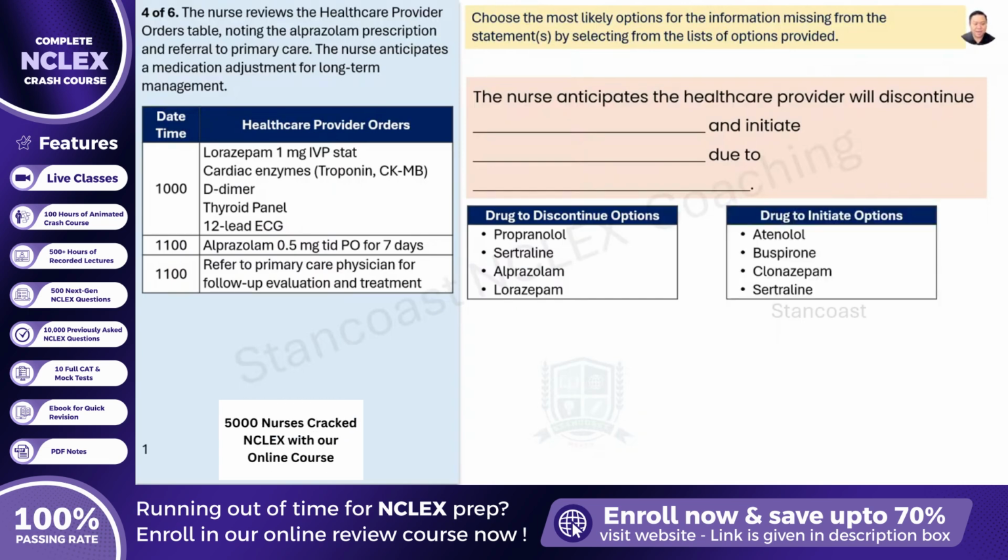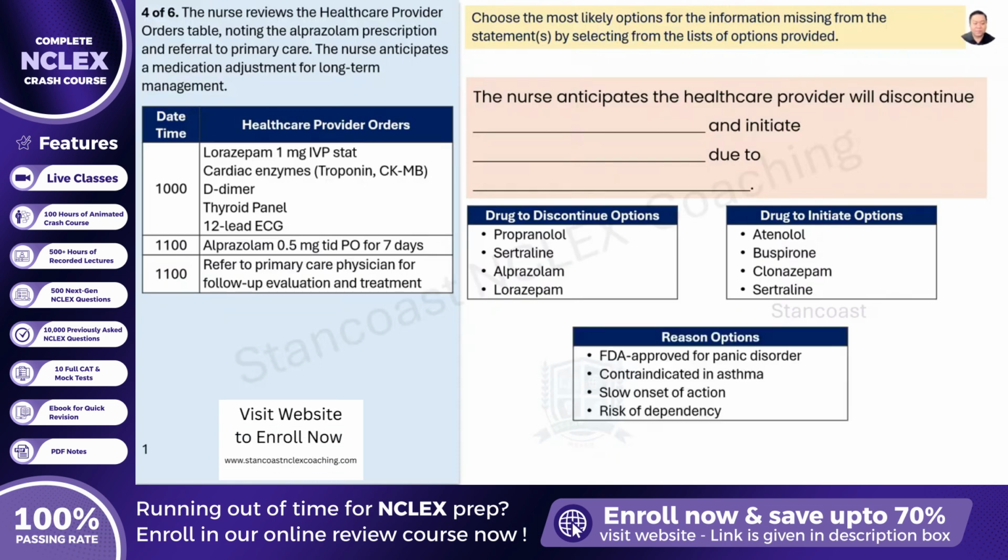For the second blank, the options are atenolol, buspirone, clonazepam, sertraline. And for the third blank, the options are FDA approved for panic disorder, contraindicated in asthma, slow onset of action, and risk of dependency. All right, when you're ready, let's supply all these blanks.